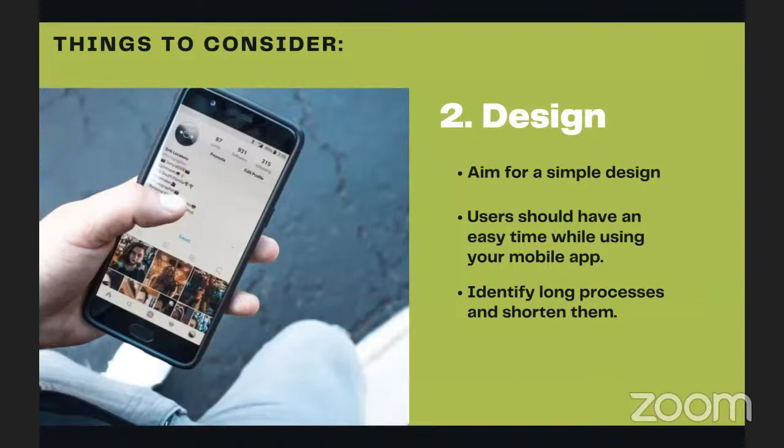There's really not much going on, as it really aims for a simple user experience, yeah. The other thing is that your users should have an easy time while using your mobile app. So the colors that you choose to use should not be too shouting, but it also depends on your company's brand, on what you really want to communicate to your users.